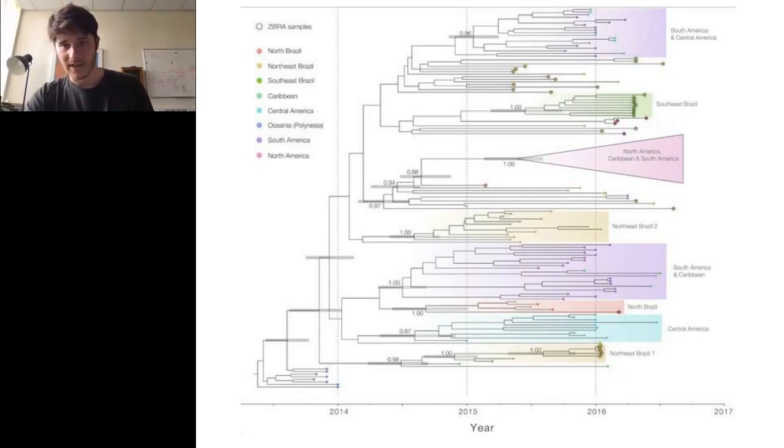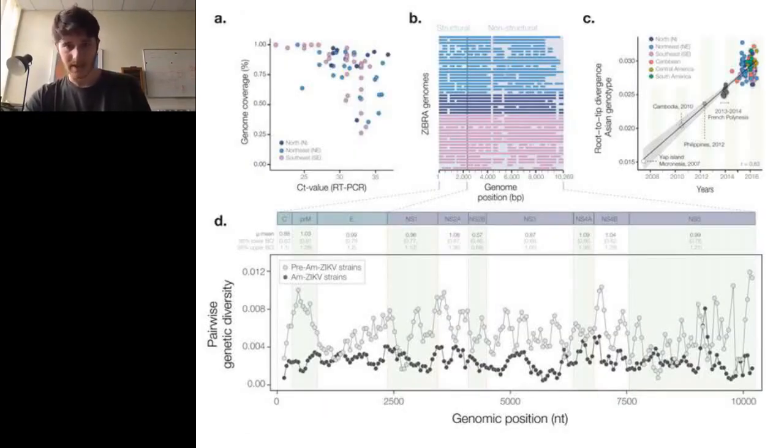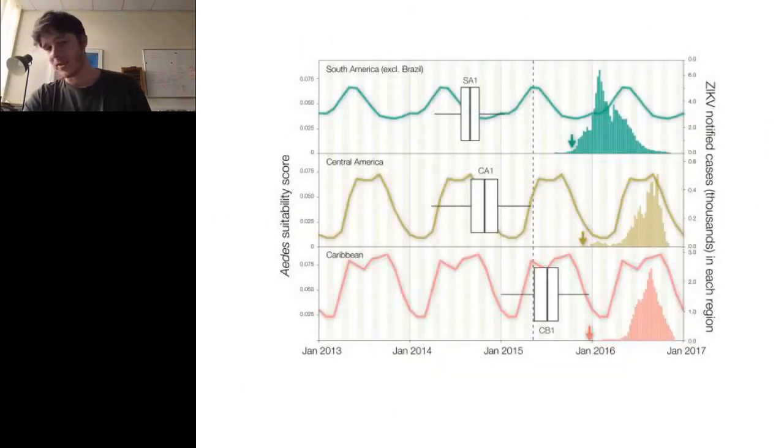You can see a clade associated with southeast Brazil, northeast Brazil, another one of northeast Brazil. So very diverse viruses were able to be detected. And what they were trying to do was use this data to calculate what the likely introduction date into Brazil was.